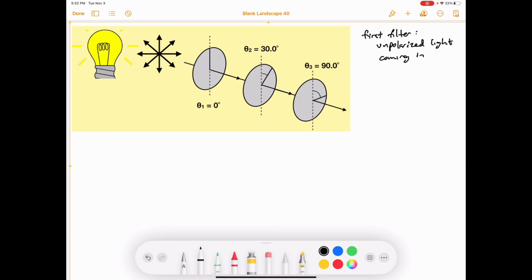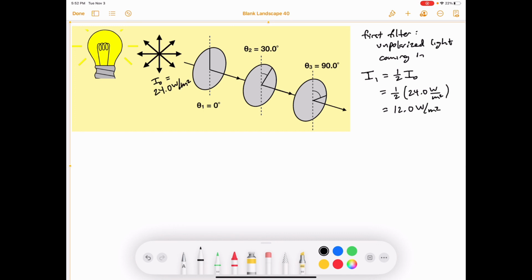So the transmitted intensity, let's call this I1, the intensity after going through the first filter, is 1/2 times I0, which would be the initial intensity of this unpolarized light, 24 watts per square meter. So 1/2 of that is 1/2 of 24 watts per square meter, or 12 watts per square meter.